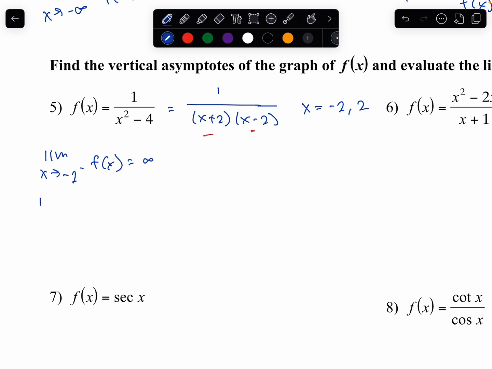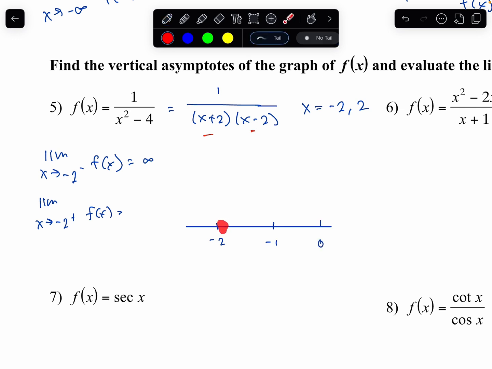But if I'm evaluating the limit as x approaches -2 from the right of f of x, kind of the same thing. I should have erased that number line. We got -2, -1, 0. So if I'm going to use values a little bit to the right of -2, that's going to be like -1.99999. If I place -1.999 or something really close to that, that's going to make this factor right here positive, because 2 will be slightly larger than -1.999.